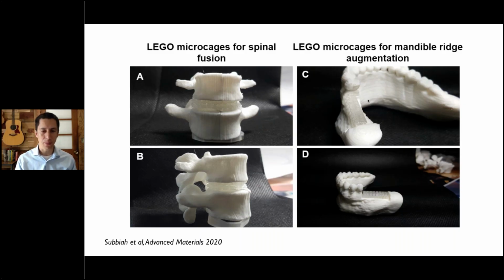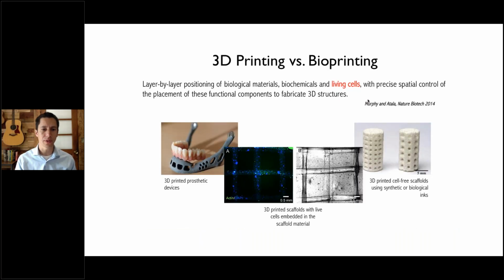So the last example of how we've been using these 3D printing processes that I wanted to give you is going more into this idea of bioprinting, as opposed to conventional 3D printing. And I think the key difference here, and this is quite a controversial definition, is that when you're doing 3D printing applied to medicine, essentially you're using inks that don't have any living biological material, living cells, essentially.